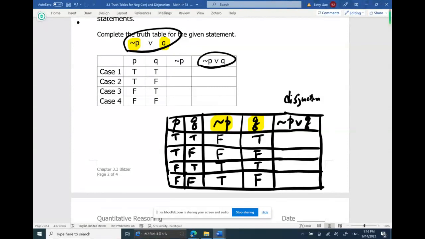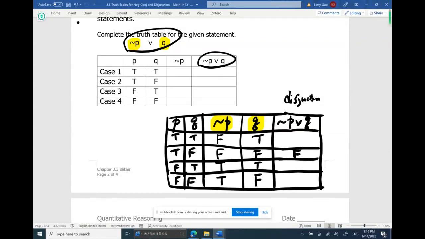Okay, remember, a disjunction is false only when the two components are false, right? For a disjunction to be false, both of the two components, the yellow, have to be false.